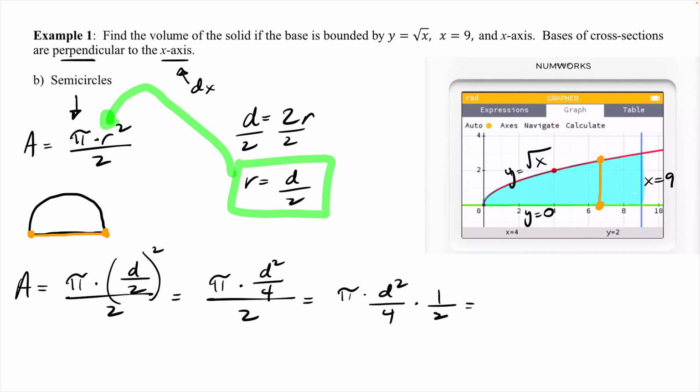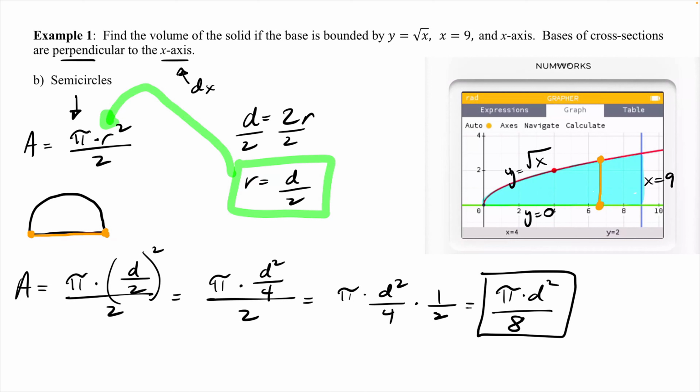What is the finished formula? Pi times D squared over 4 times 1/2, which is pi D squared over 8, right? That is the area formula we're going to use.